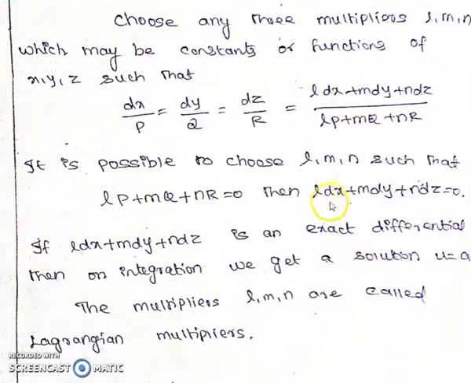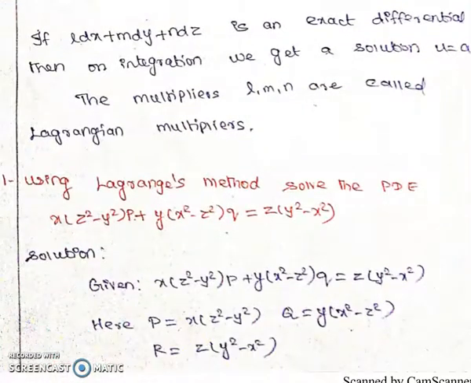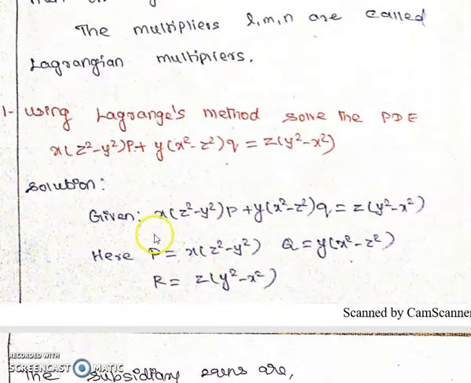Then the numerator ldx plus mdy plus ndz is also equal to 0. So this numerator will give the exact differential. Then integrating we get the solution u is equal to a. The multipliers l, m, n are called the Lagrangian multipliers. So in this method we have to choose the multipliers according to the denominator becoming 0.